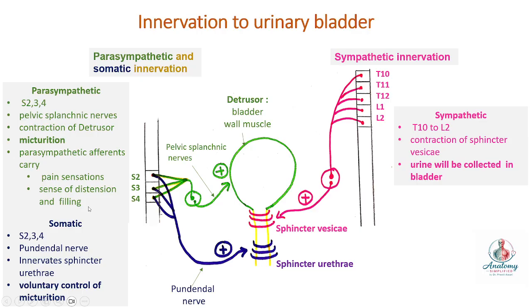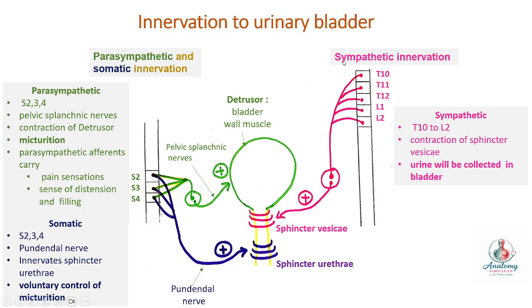This is also very important to understand. So I just showed you one component here, the parasympathetic component. You need to fix in your head that whenever the parasympathetic is activated, like the pelvic splanchnic nerves, they help in contraction of the bladder wall muscle. So it helps in emptying of the bladder, that is micturition.